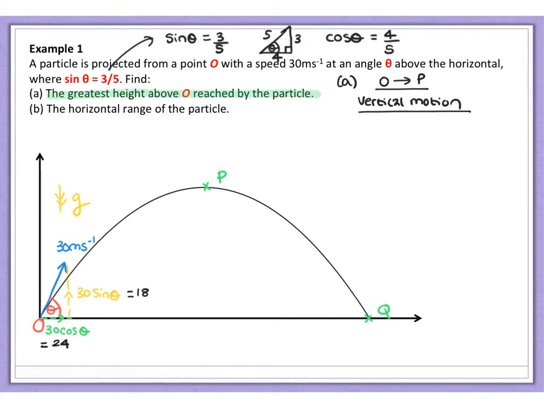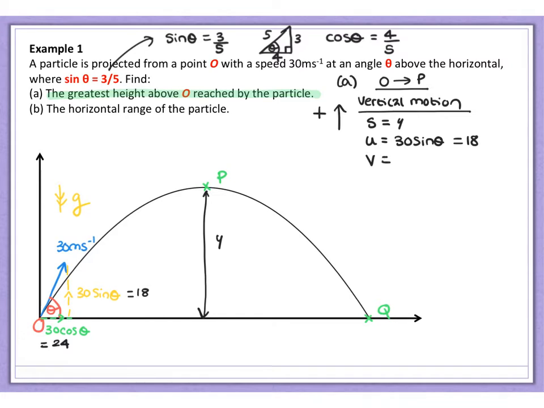Now, I'm going to choose up as my positive direction. So S is equal to this height here. We'll call it Y. U is equal to 30 sine theta, or 18.